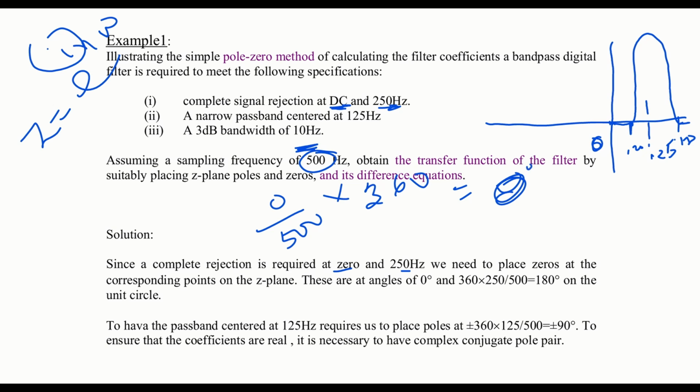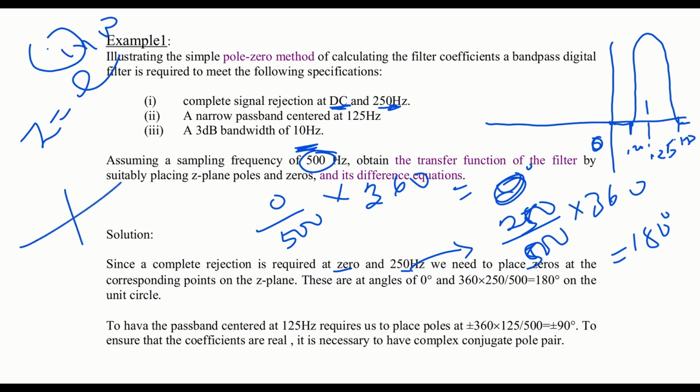And the second one was at 250, so 250 over 500 times 360. This will give you 180 degrees. If we are to visualize this on a circle, one will be at 0 and one will be at 180, depending on how you measure your circle.